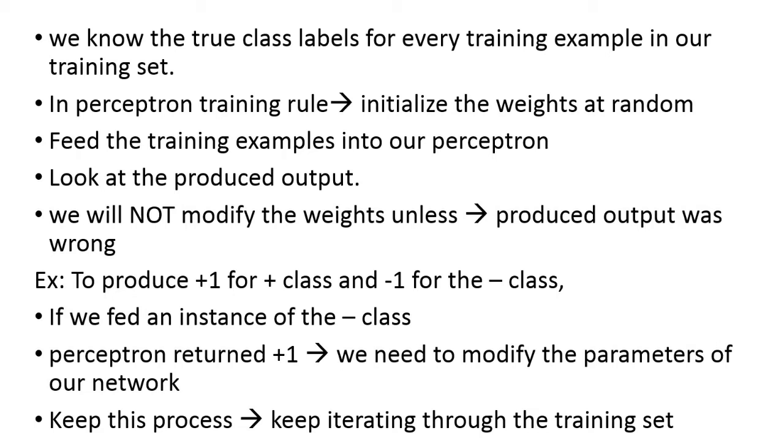For example, if we want to produce +1 for the positive class and -1 for the negative class, and if we feed an instance of the negative class and the perceptron returned +1, then it means that we need to modify the parameters of our network, that is, we need to modify the weights.